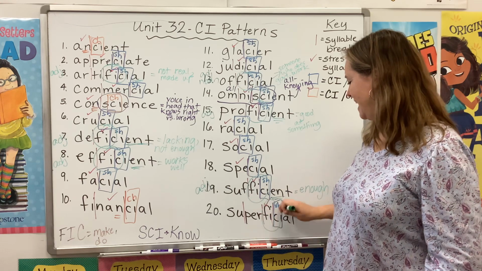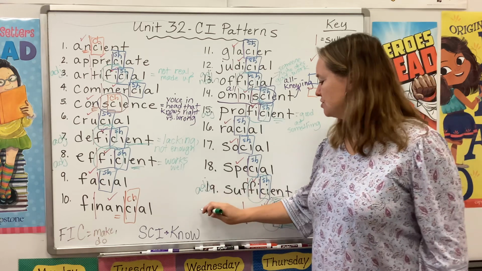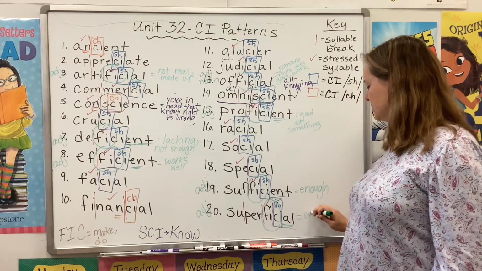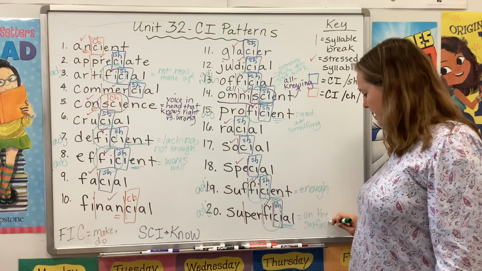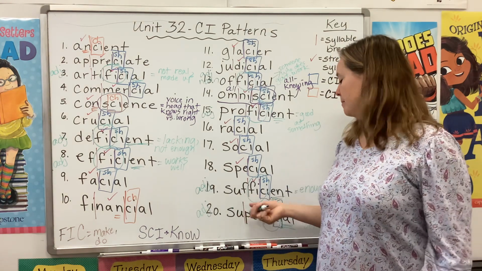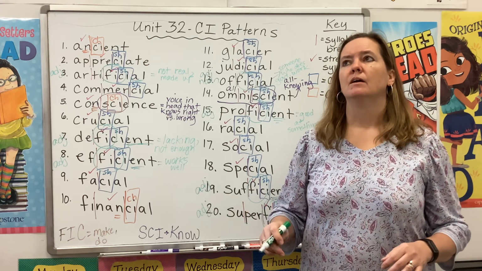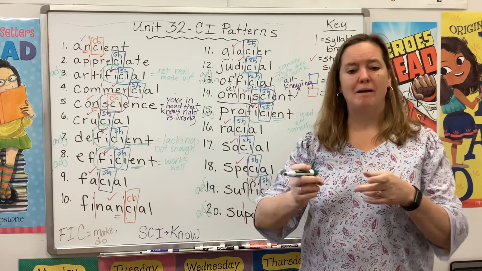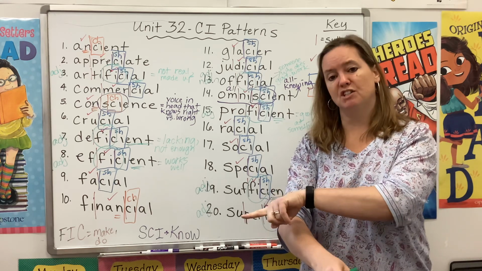Okay, superficial. There it is again. I told you this was a good root. Superficial is another adjective, and that means on the surface. Now, I'll be honest with you, I'm not sure how that ties in with that fic root, but if something's superficial, like let's say your little brother was playing with his bow and arrow in the backyard and he accidentally hit you with the arrow, but it was just a superficial wound.